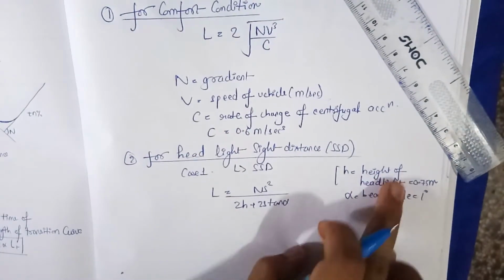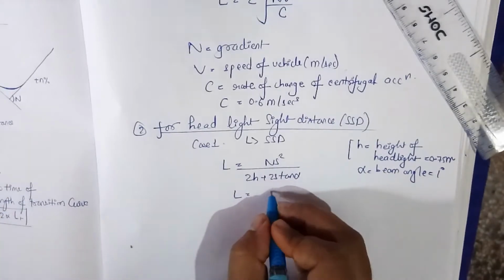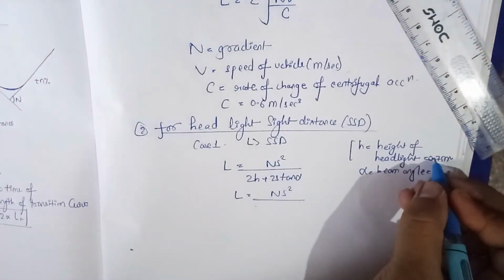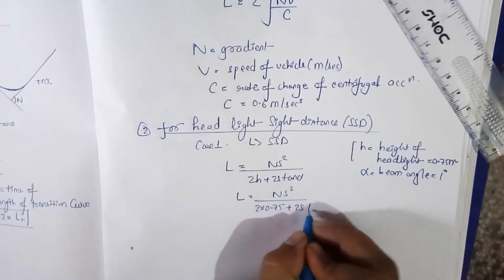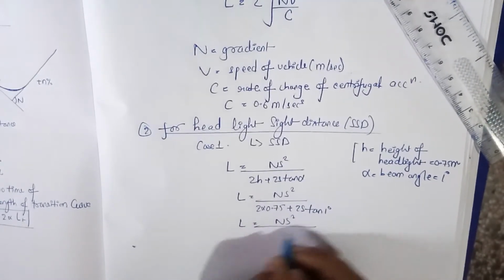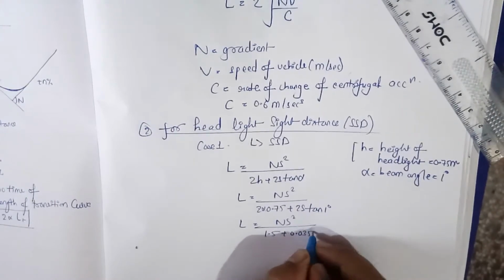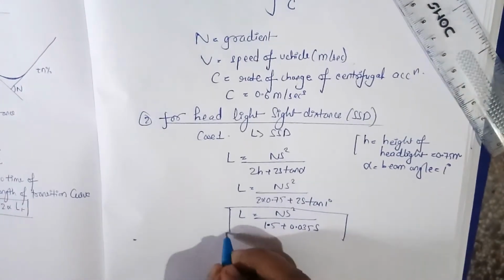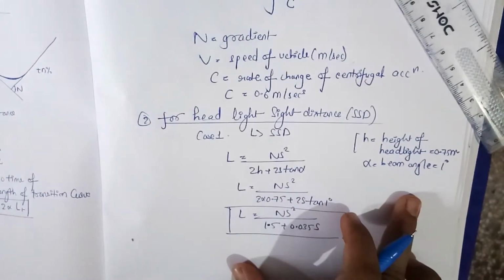If we put these values in this formula, we get the length of valley curve equal to N S square upon 2 into 0.75 plus 2S into tan 1 degree. So it becomes N S square upon 1.5 plus 0.035 S. This is the standard formula when the height of the headlight is 0.75 meter and the beam angle is 1 degree.